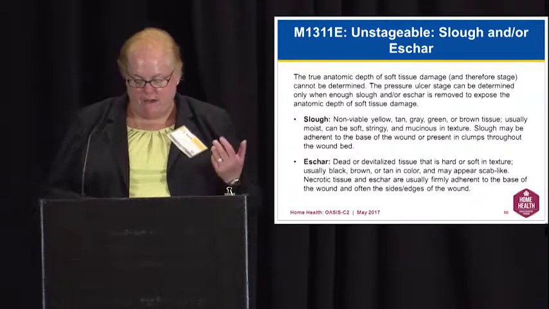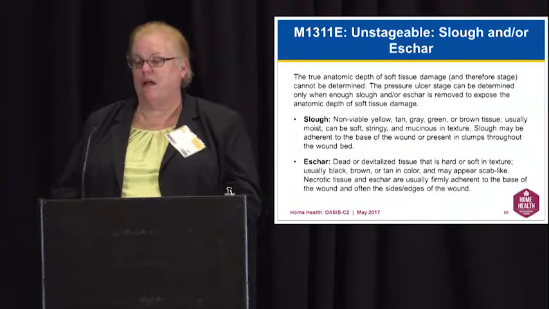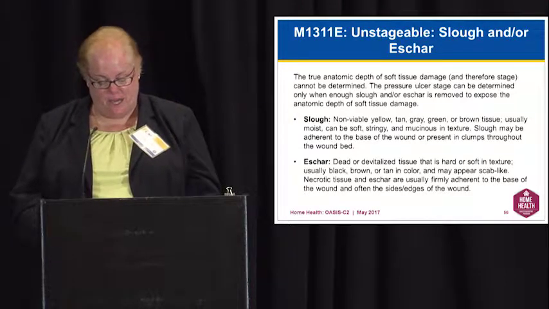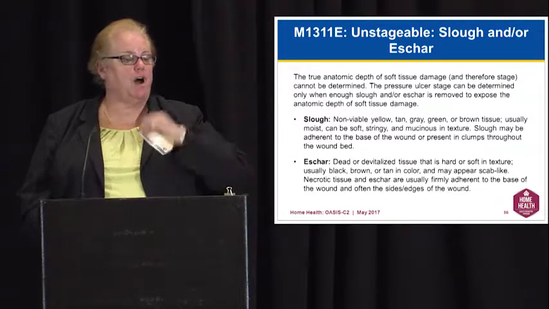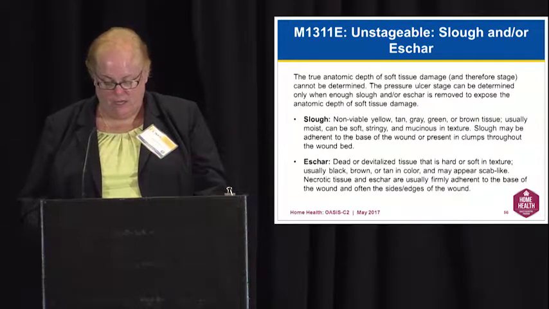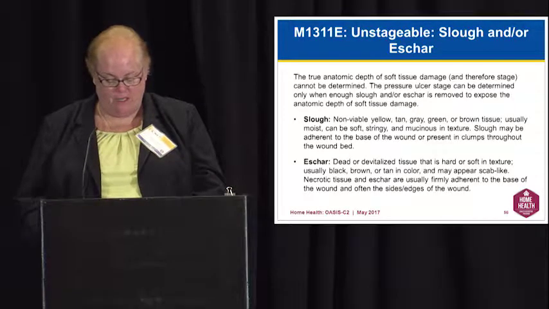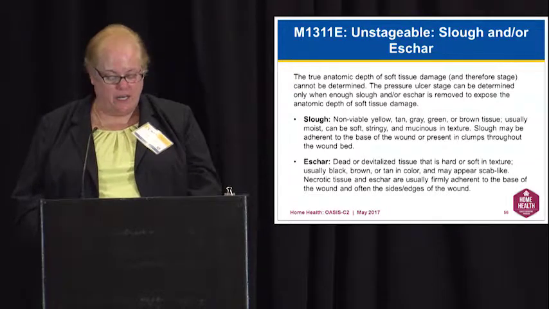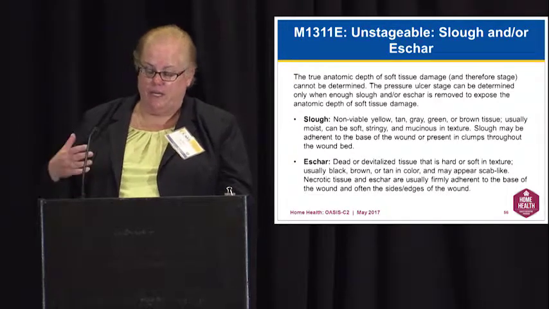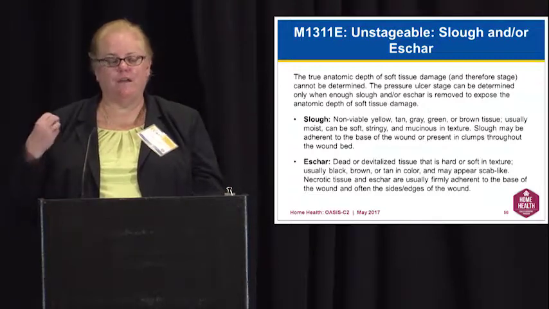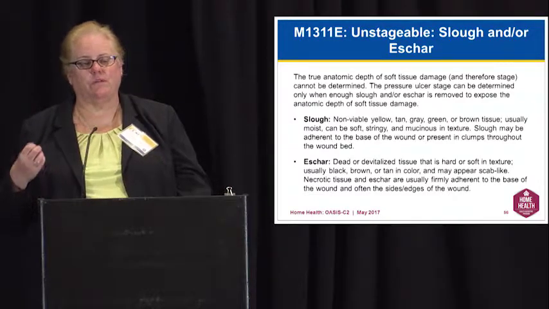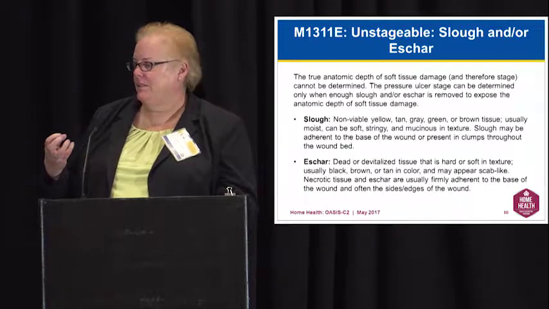So slough is that non-viable yellow, tan, gray, green, brown, any one color that you want to add to that. It's usually moist. It can be soft, stringy. It just doesn't come off when you try to clean it. It's adhered to the base of the wound. And then eschar is dead or devitalized tissue. It can be hard or soft, but often I describe it to people as really like a scab.